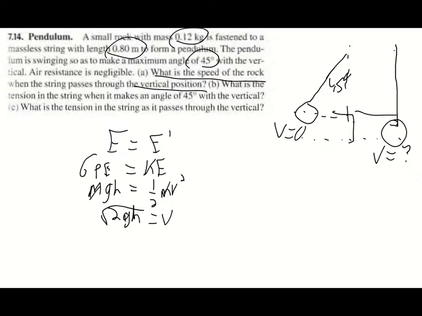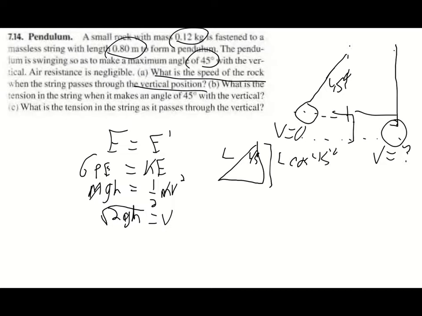Well, if we take a look at the actual picture, this is where it starts. If it starts here, this length L is the length that it has, and the height here is going to be, if this is 45 degrees, L cosine of 45 degrees.